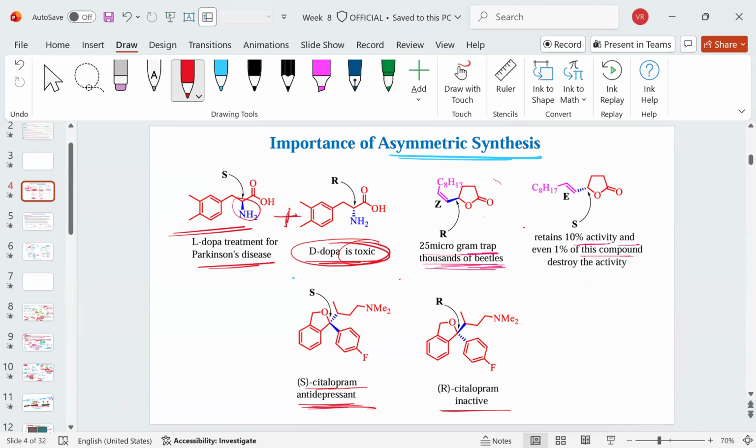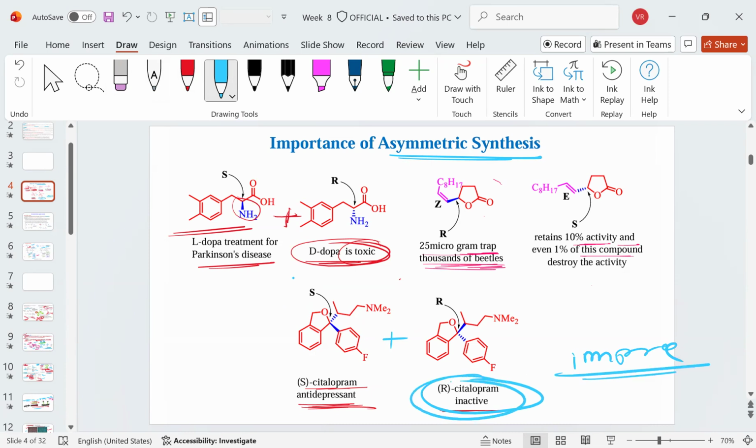Further, the other two examples also show the same. This is not always the case, that the other enantiomer is toxic. There are several drugs, if you just Google it. They can be in the market in the enantiomerically impure form. I am saying enantiomerically impure means there will be some of the other enantiomer, but in those drugs, the other enantiomers are not much harmful. Therefore, they are sold as they are in the enantiomerically impure form.